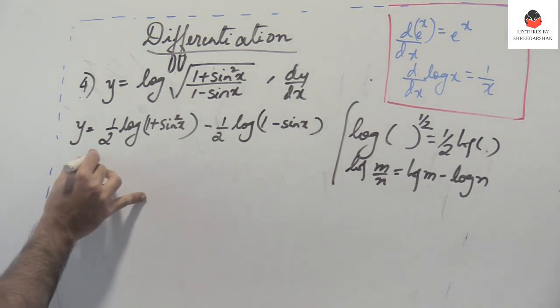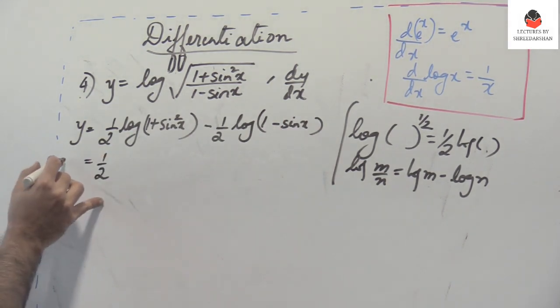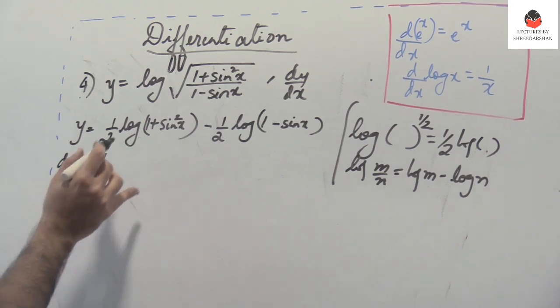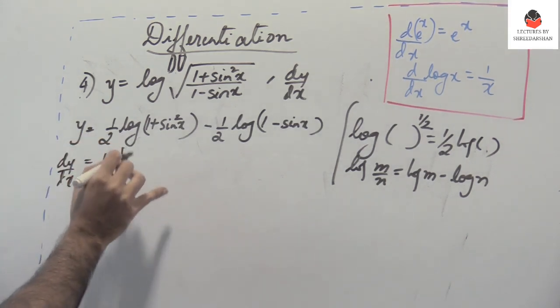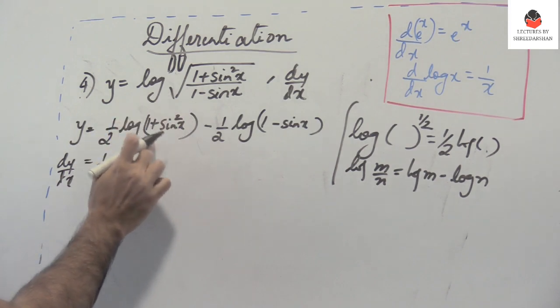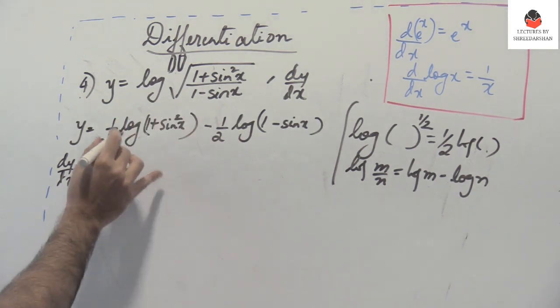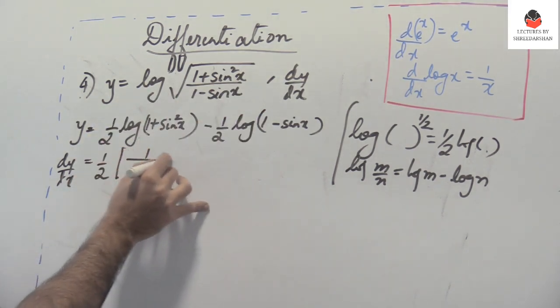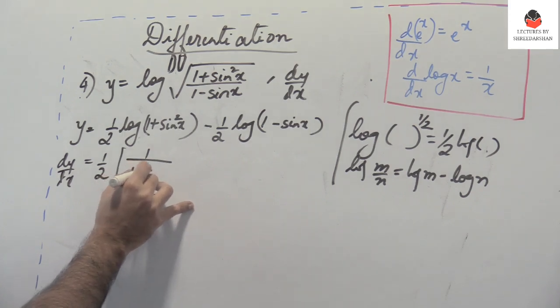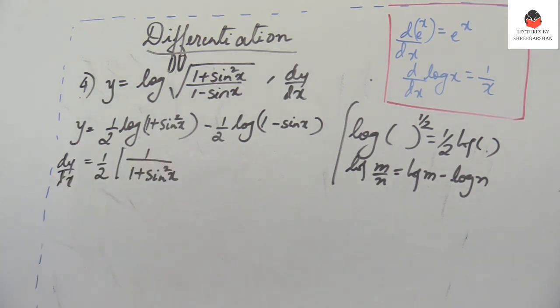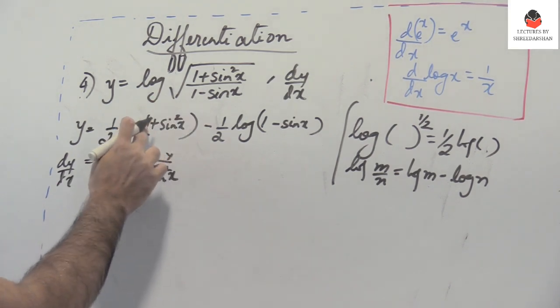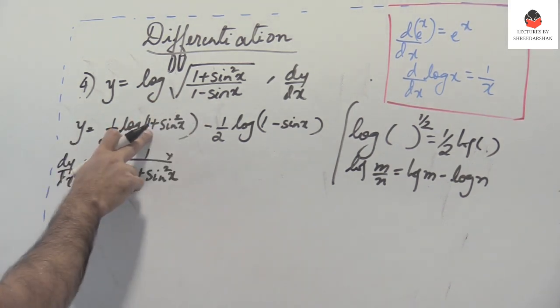So we can take half common. So what is dy by dx? So half is taken common. So I have log of 1 plus sine square x. Log of x is 1 by x. So I have 1 by 1 plus sine squared x into differential of this term. Differential of 1 is 0.